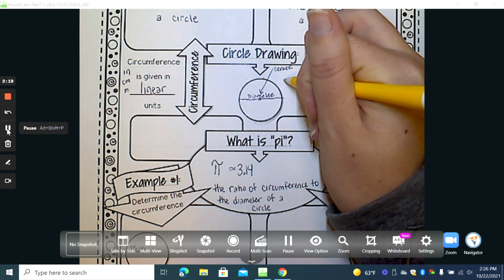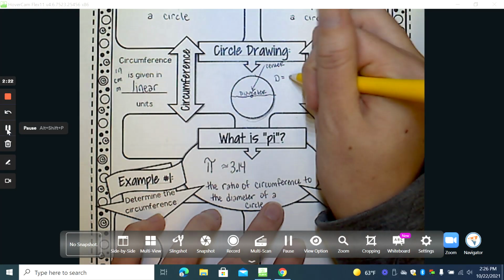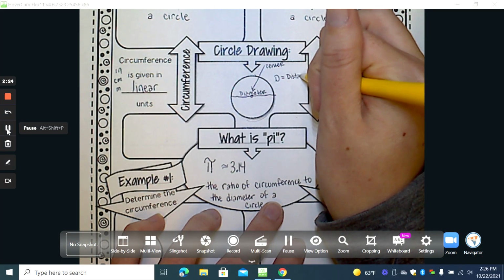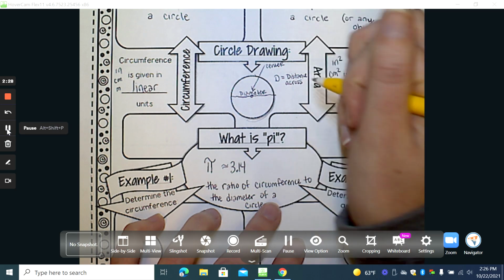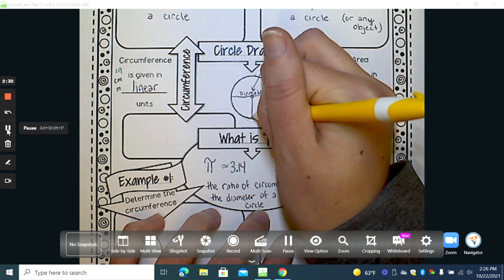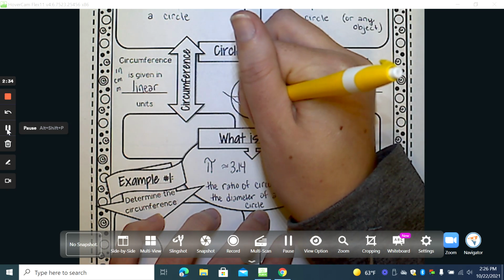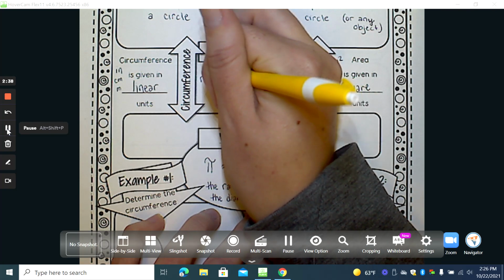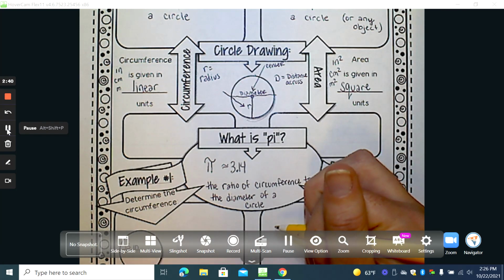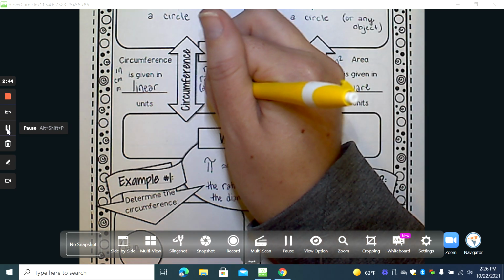Diameter is essentially my entire distance across. There's also something called the radius. If I were to take the radius, we call that r. Let me label it out here. My radius is r. My radius is essentially the distance to the center.